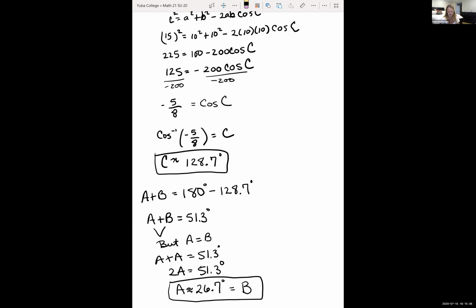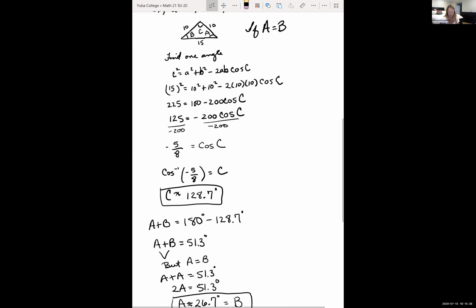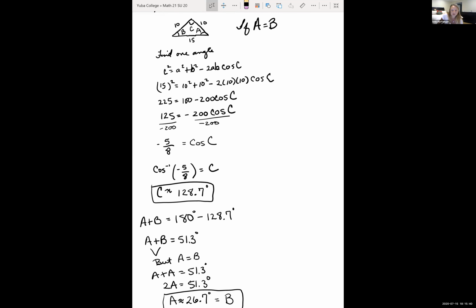If you didn't know that reasoning like I just did, then we would have used law of sines. It would have been kind of overkill to use law of cosines again. And so let's just show it real quick.